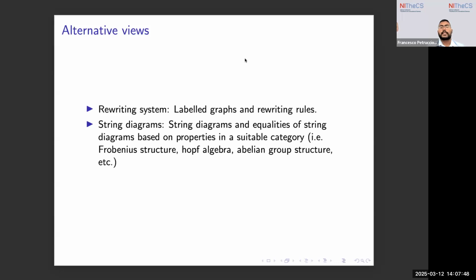They may also be considered as simply rewriting systems, so labeled graphs and rewriting rules for these graphs. Or we may view them as string diagrams in a suitable category. And the equalities of diagrams then follow from equalities of string diagrams based on the properties of the category, such as Frobenius structure, Hopf algebra, abelian group structure, and so on. And I'm going to speak a bit more about this later on.